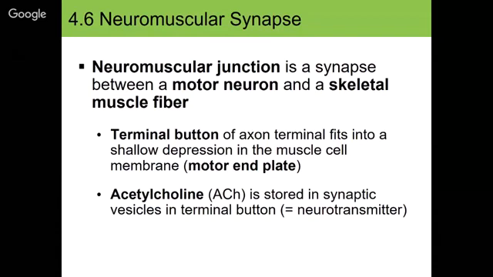Okay, so that's the terminal button, the ending of the motor neuron, and it fits into a little groove or depression in the membrane of the muscle cell. And this little groove is known as the motor end plate, okay? So this is the part of the receiving muscle cell where the terminal button of the motor neuron connects, okay?